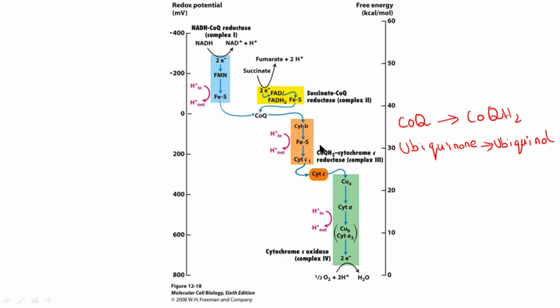This is how electrons are removed from NADH and FADH2 during the electron transport chain, and these electrons are passed on through different components and finally reach oxygen, which is the terminal electron acceptor. Each component in the electron transport chain undergoes reduction when it accepts electrons from the previous transporter, and oxidation when it gives away the electron to the next transporter.